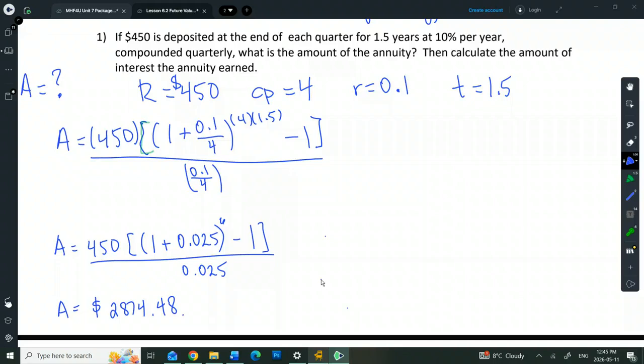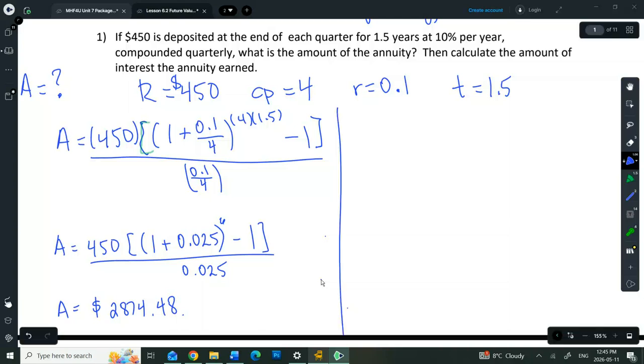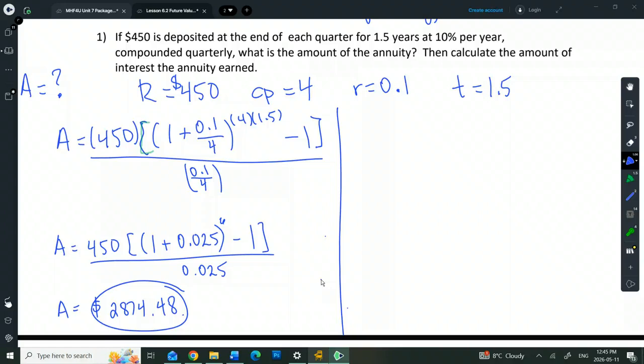Now this one also asks us to calculate the amount of interest that the annuity actually earned. We're not done yet. So we need to figure out, obviously, if this is the total amount of the annuity, that's interest plus what we put in ourselves.